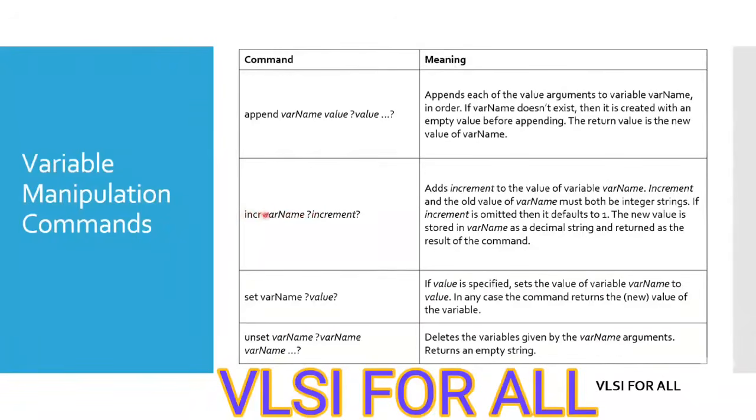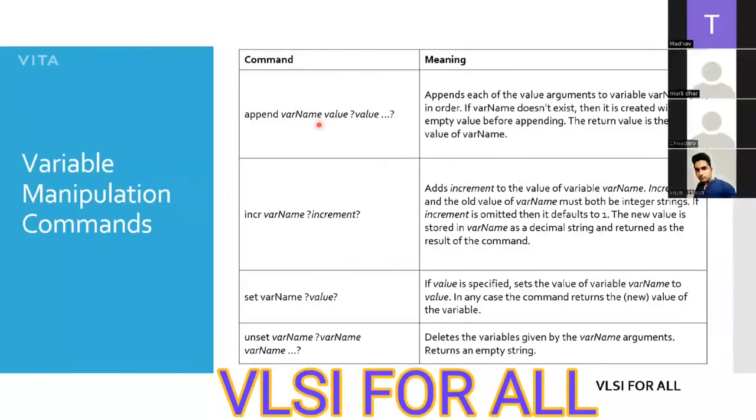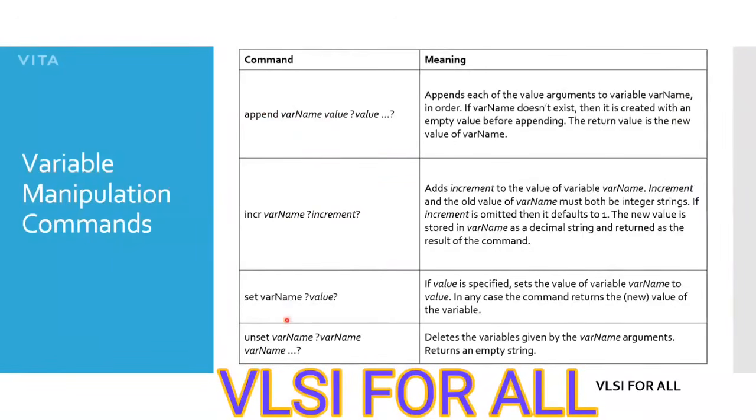It increments the variable by the number you've specified. If no number is specified, by default it increments the variable by 1. And the append command is used to append more values to a variable which has already been set. So these are all the variable manipulation commands.